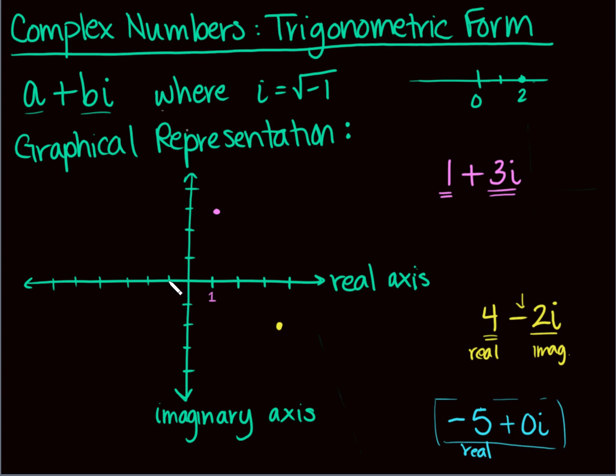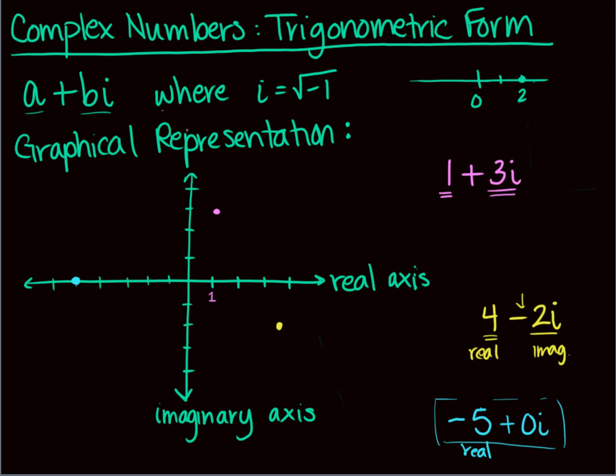So where would I be? I'd be at -5, 1, 2, 3, 4, 5. And then I would go nowhere up and down, because it's just a real number. So this makes sense that a real number should lie on the real axis, and not have any imaginary part to it. So this is a cool way that we can represent these numbers.